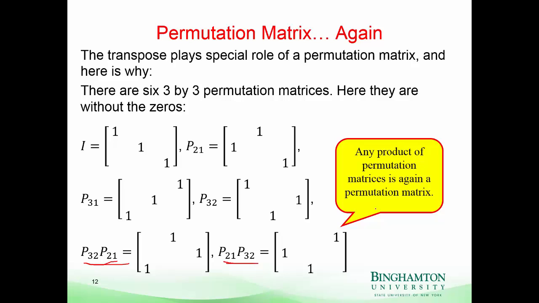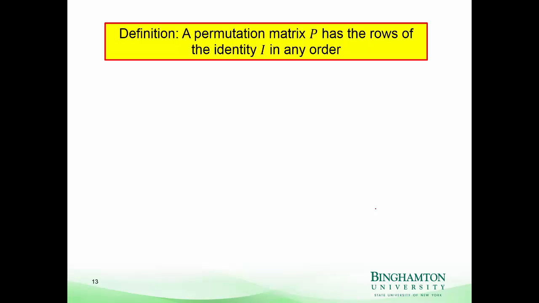If I use one permutation to rearrange, and then I further rearrange, that's just some other permutation. So that's pretty straightforward. As we've seen, a permutation matrix is just the rows of the identity matrix reordered.